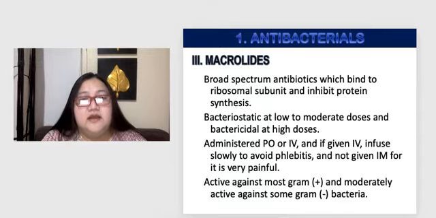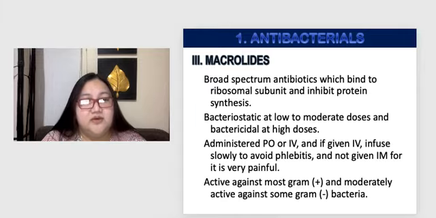Again, if you give IV, kailangan infusion. Okay? Para hindi magkaroon ng phlebitis or inflammation of the blood vessel. It is not given IM kasi very painful ang macrolides. And active siya, most gram-positive but some gram-negative.